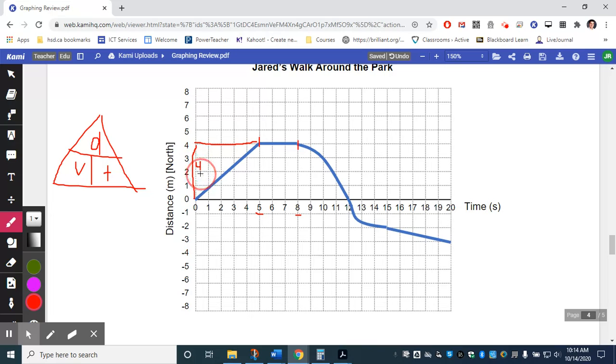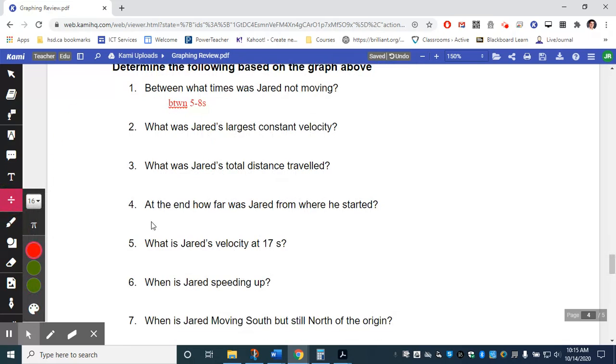So this is 4 meters up and down, and this is 5 seconds, and that's a distance and a time. And so then our velocity is, we're going to do this down here. Velocity is going to be our distance, which was 4 meters divided by the 5 seconds, and this equals 0.8 meters per second. It's his largest constant velocity.